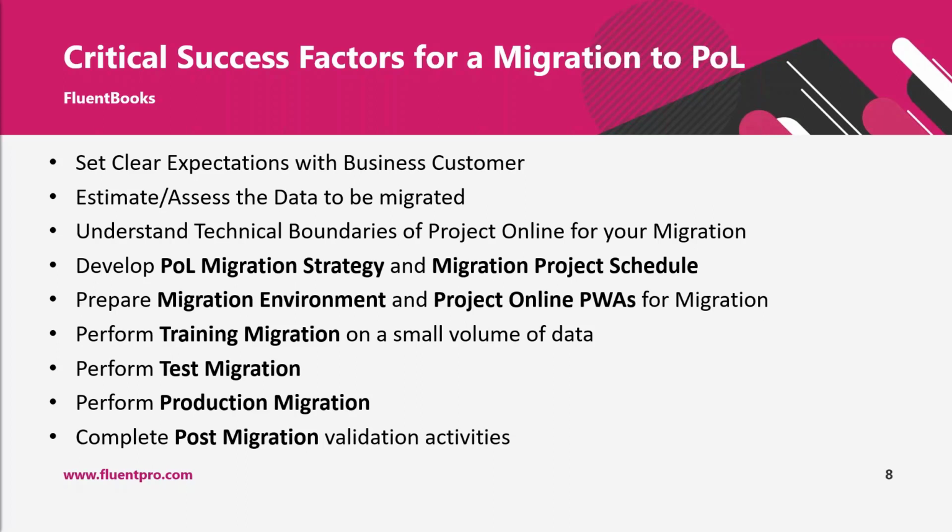Reducing the scope will also reduce the duration of migration. So when you have a smaller number of projects and project sites, it will help you to move faster to the new environment.